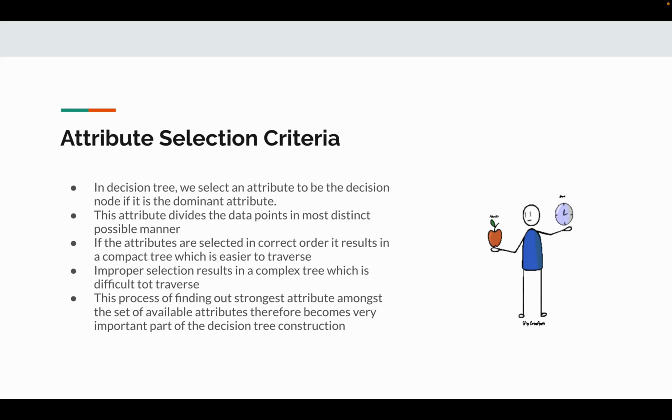That is why attribute selection becomes an important step in decision tree construction. Generally, the methods used for attribute selection are entropy, Gini index, etc. But we will discuss that in the later slides.